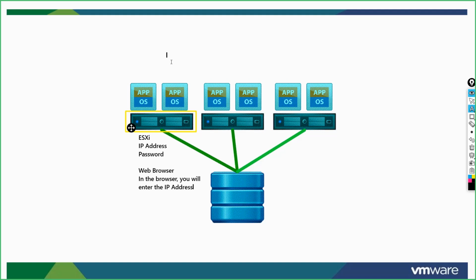If you want to access all three ESXi hosts, you will open a new tab, put the second ESXi host IP in it, and then in the third tab put one more ESXi host IP.